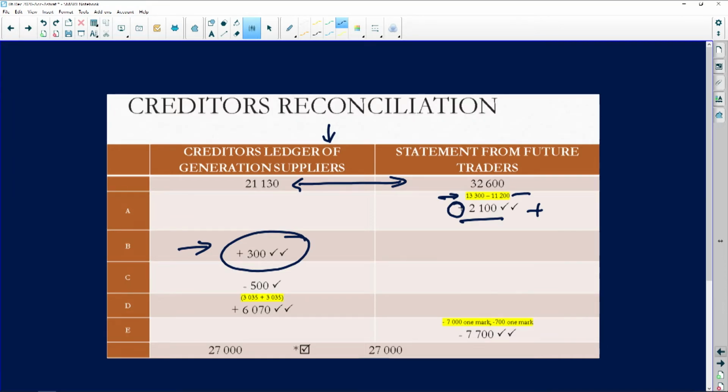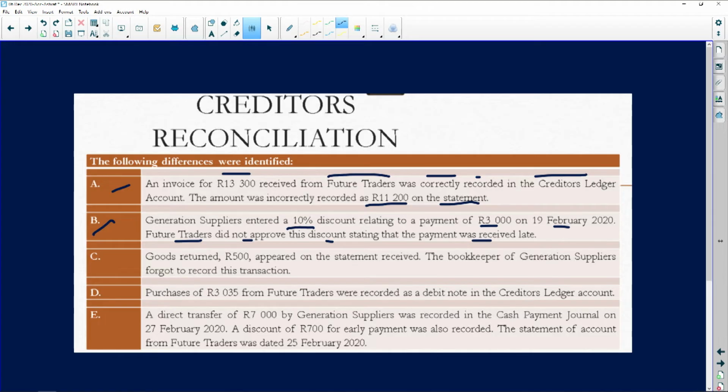The next one, number C, we are told that goods returned, obviously we returned the goods, 500 Rand, appeared on the statement received. The bookkeeper of Generation Suppliers forgot to record this transaction.